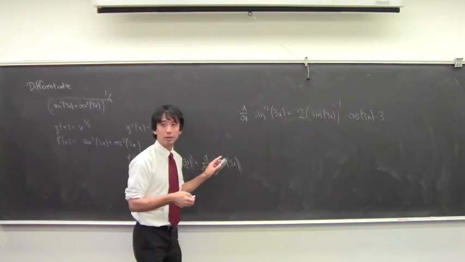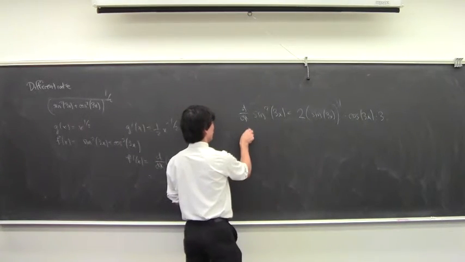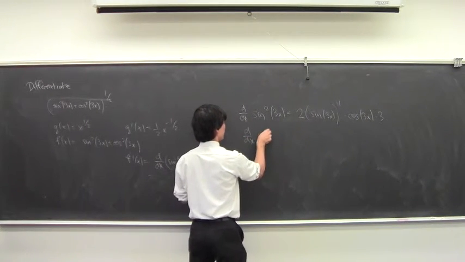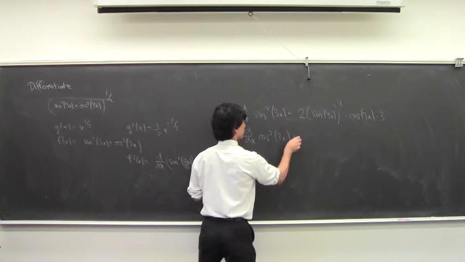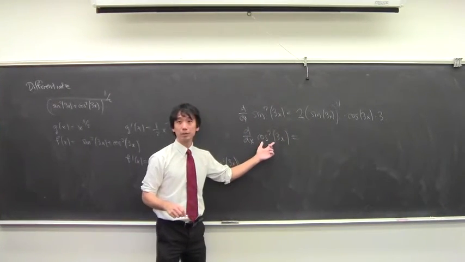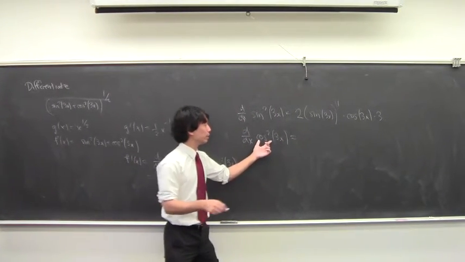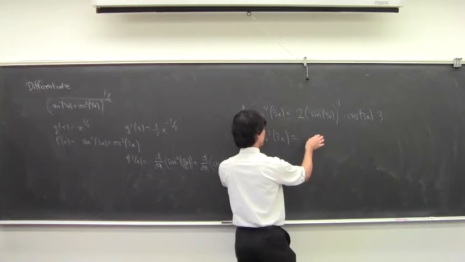Okay. Similarly, for cosine squared 3x, if I differentiate that, again, I want to differentiate the outside thing first.